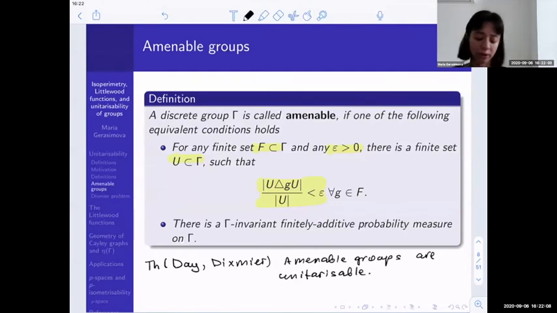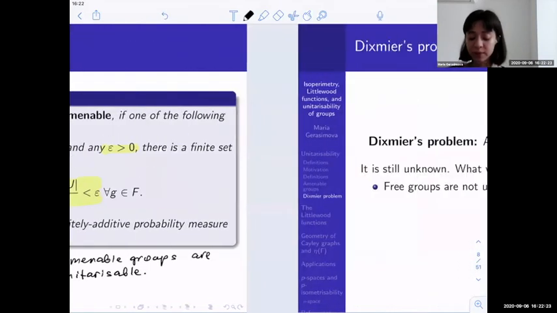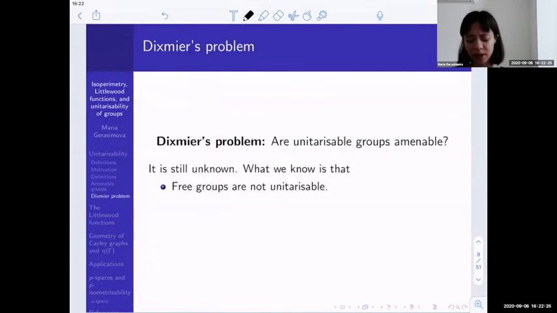What they used for the proof is the fact that in amenable groups you can, in some sense, take the average. This result led to the question which is now called Dixmier's problem. I'm not sure that it was really a Dixmier conjecture, but it was the question which he asked.